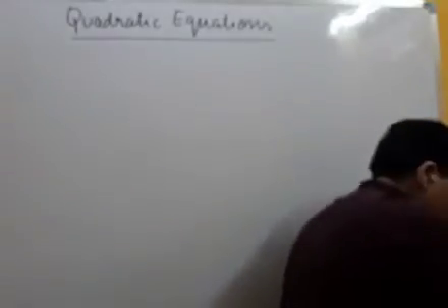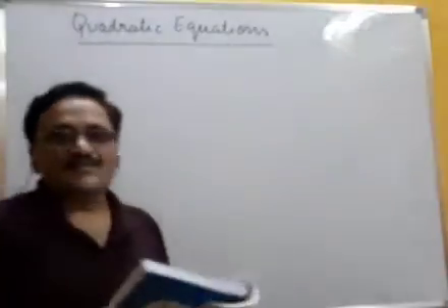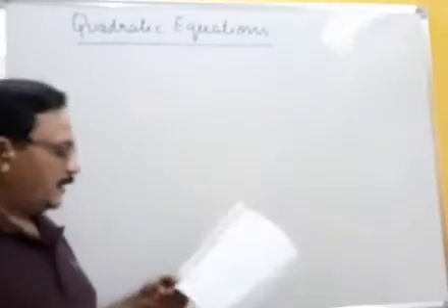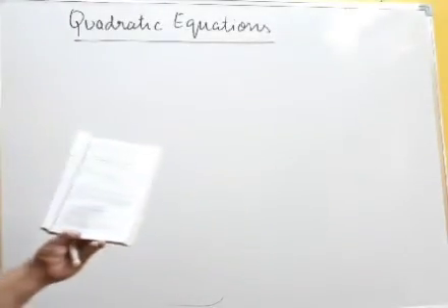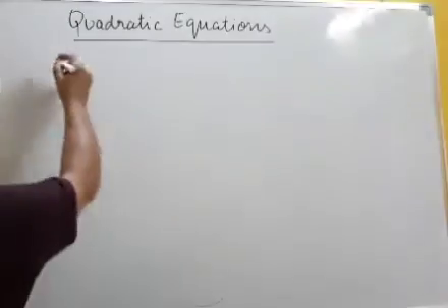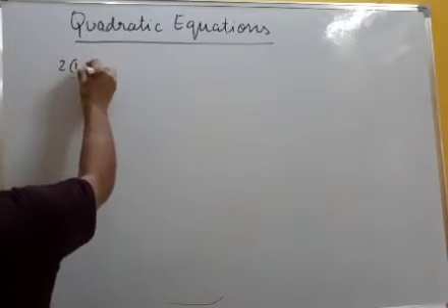So, you can open exercise 4.1. The question: represent the following situation in the form of quadratic equations. The area of a rectangular plot is 528. I'm not writing the complete question, I'm writing the given thing.